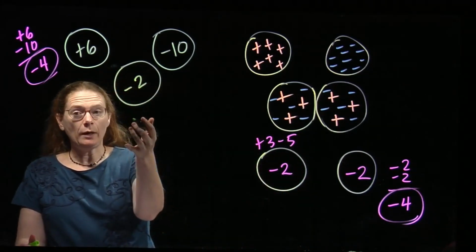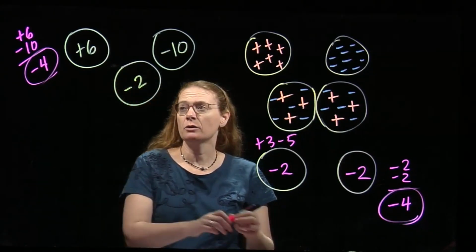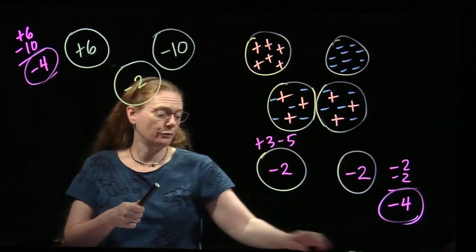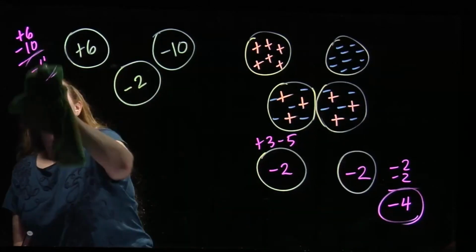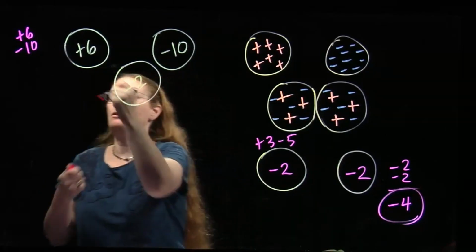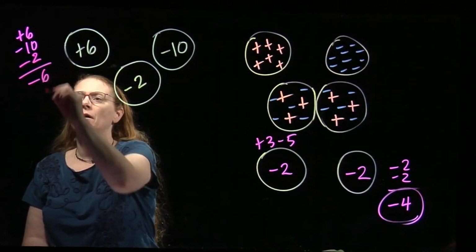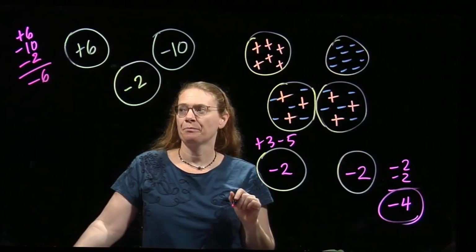So the easy way to do this is just to say, again, what's my total charge? I have a +6. I have a -10, and now I have a -2. What does that add up to? That gives me a total of -6 charge.